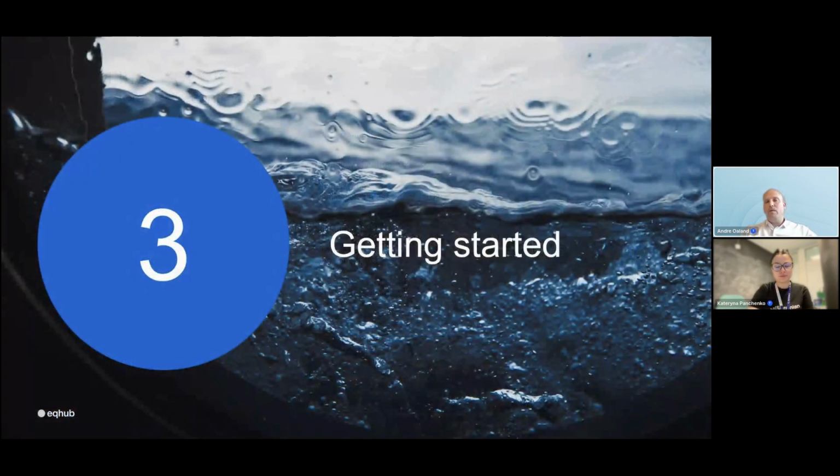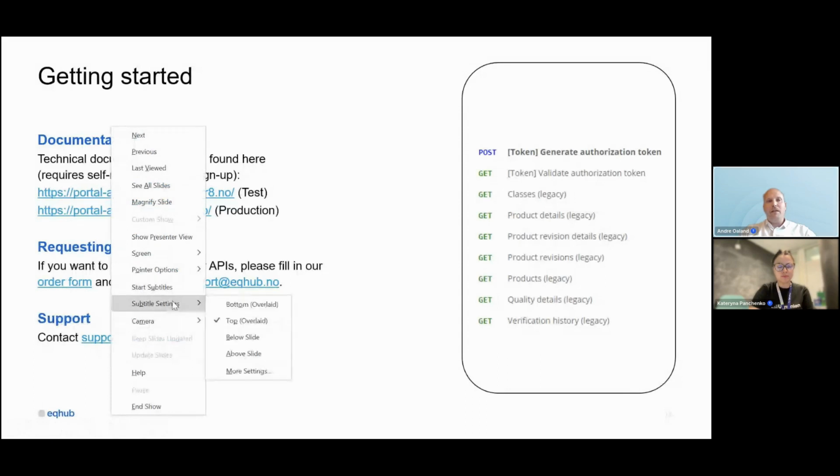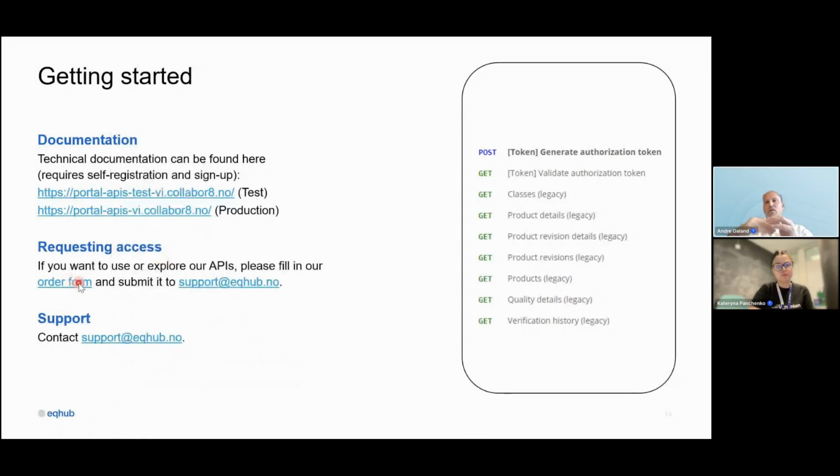Getting started. So say you made an assessment today or tomorrow that this is something you would like to get access to. You can go and have a look and start reading the documentation. But the very first step typically is submitting an order form where you say who you are, what you need access to and why.